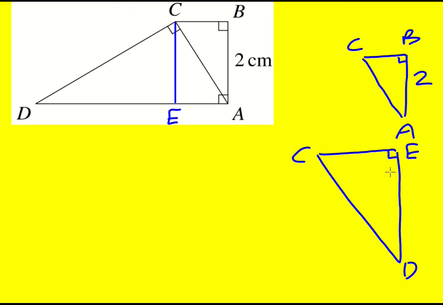And this is quite crucial because this length is going to be 2 as well, because these two lines are parallel. We've got a trapezium, and therefore this length is 2. So we just need to think about the scale factor to go from here to here. And maybe I say that the scale factor is that I just times by y, which would mean that this length is 2y, and this length is then 2 over y.